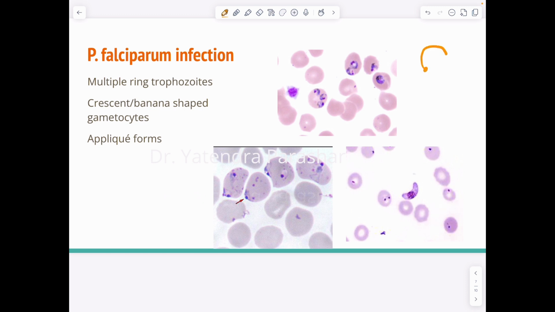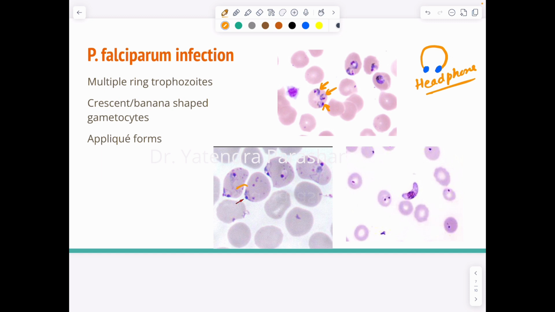These chromatin dots are blue in color, and this is the trophozoite. This structure usually appears like a headphone, and there are multiple such structures in a single red blood cell.